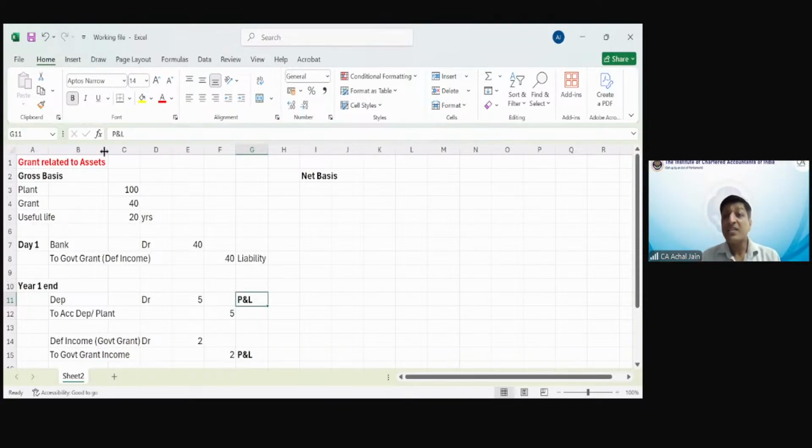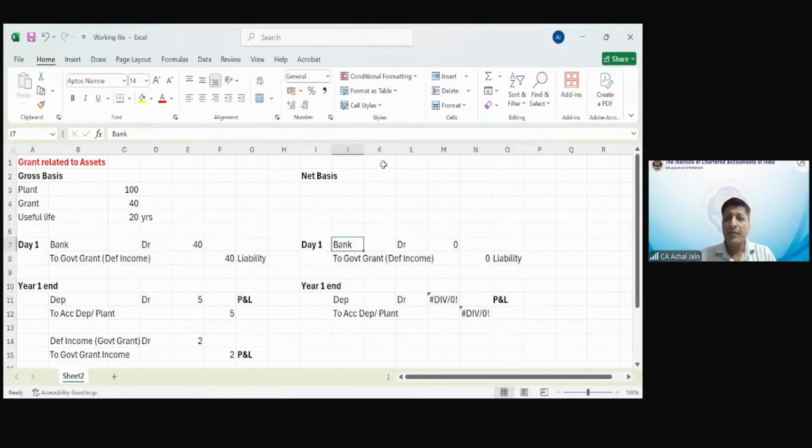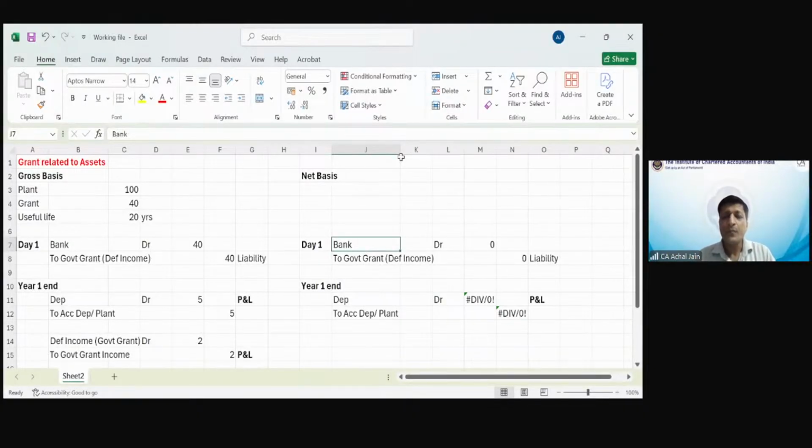Now, let's suppose the entity follows the net basis of accounting. In case net basis of accounting is followed, then what do you do? On day one, instead of crediting deferred income, what do we credit?